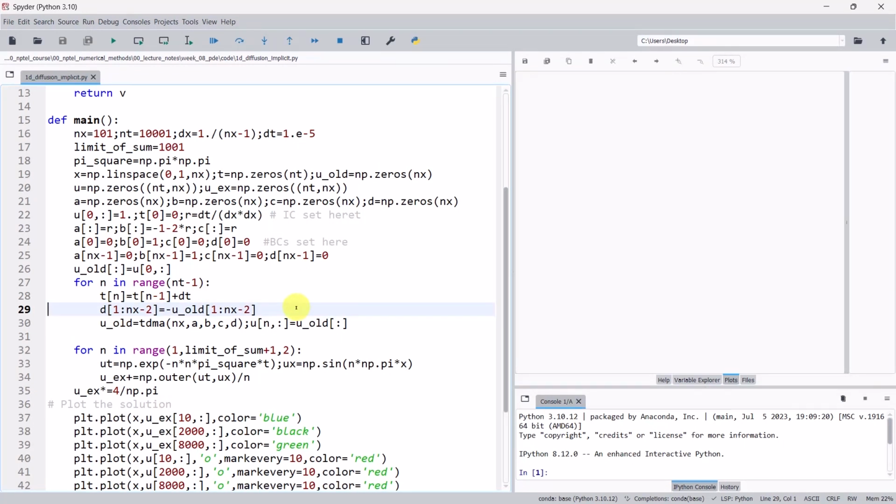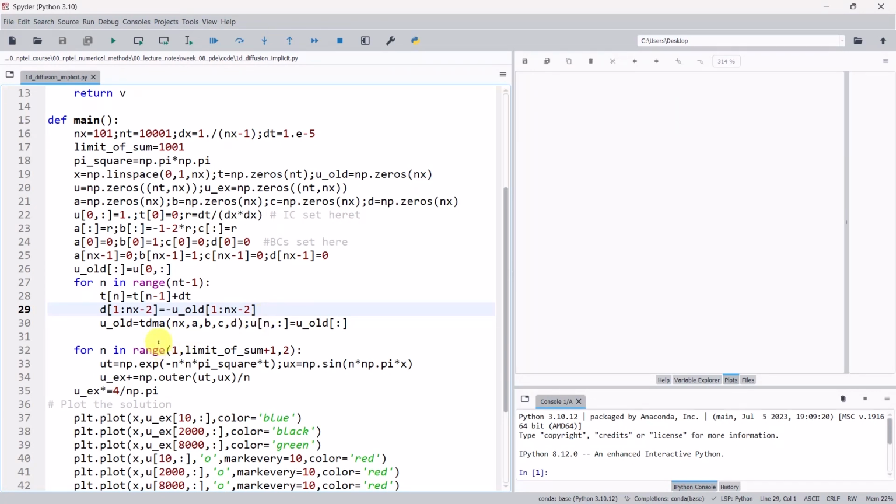I can now go to TDMA and solve for the unknown. That unknown I have named U old. You can as well give it as U, and then I am bringing U equals U old. This is U at the nth time level equal to this U old. Now it will again follow this loop until nt minus 1 is achieved.